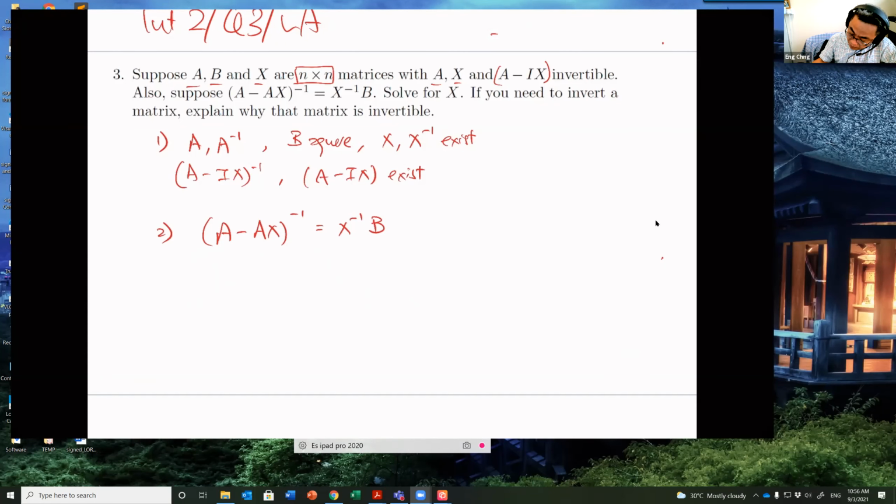He already tells you the inverse exists. Okay, he has already told you. Therefore, the left-hand side is invertible. If the left-hand side is invertible, then the right-hand side, the product of the two matrices, must be invertible.